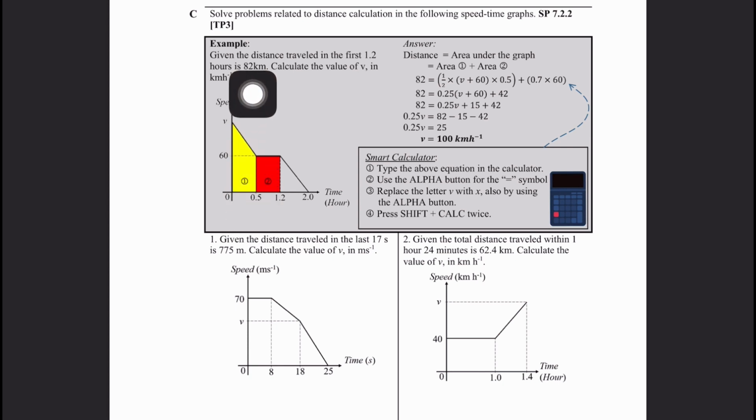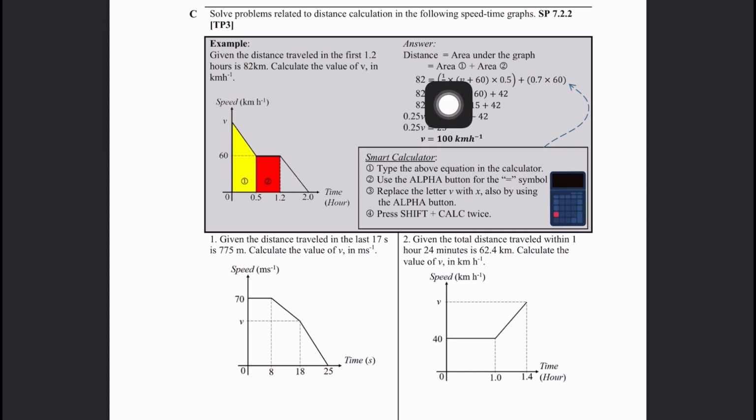Bila dia kata 82 km, itu bermaksud luas di bawah graf kedua-dua ini adalah 82. So we can write it as distance is equal to area under the graph, which is area 1 plus area 2. Kita tahu total distance tadi is 82.